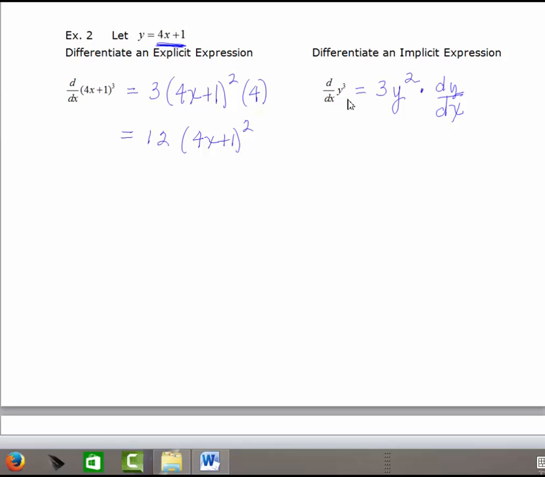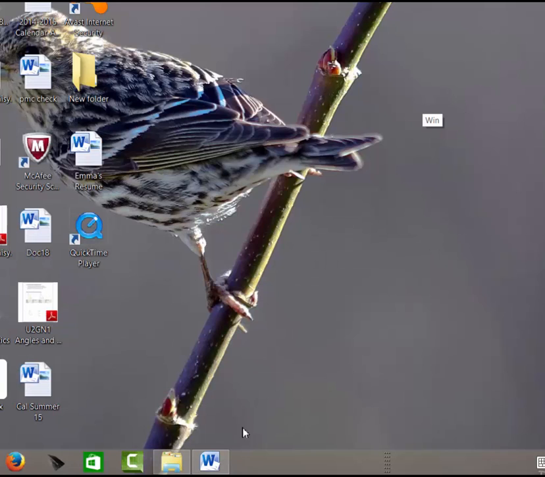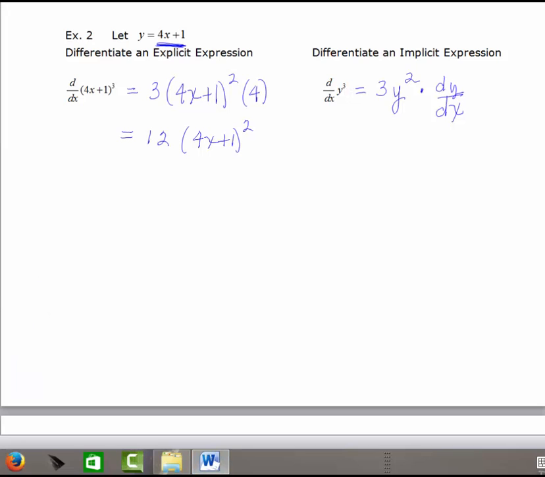Here I took 3 times y squared times the derivative of what's inside, only this time, in this scenario, I don't know what the derivative of what's inside is. And depending on what notation you want to use, you can also write this as 3y squared times y prime.